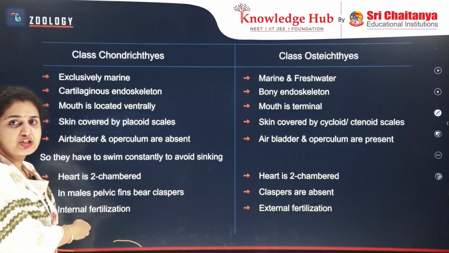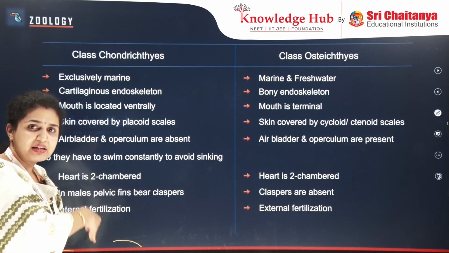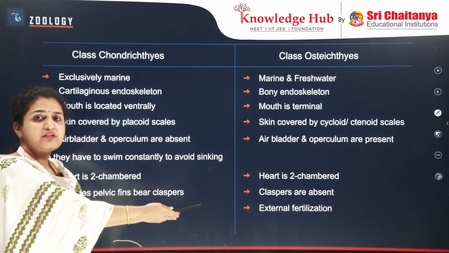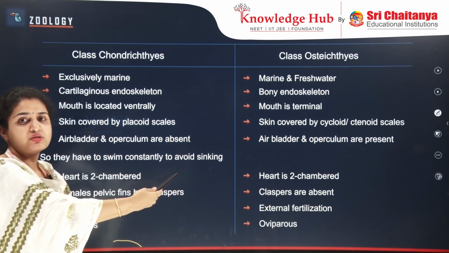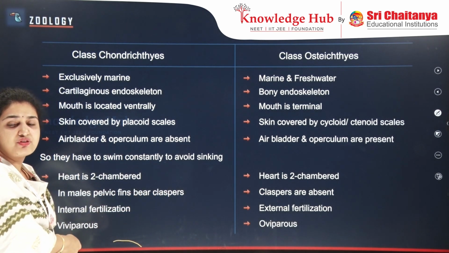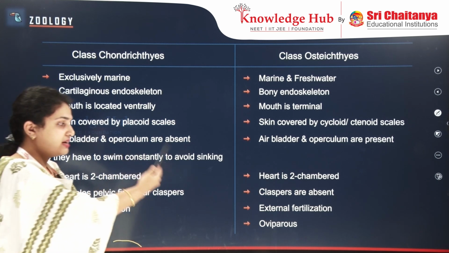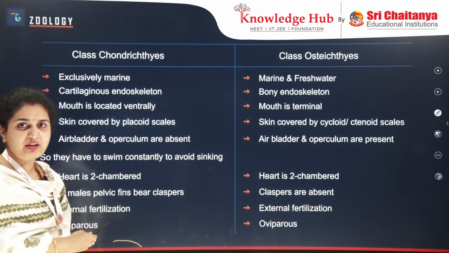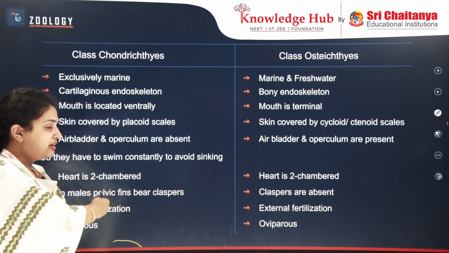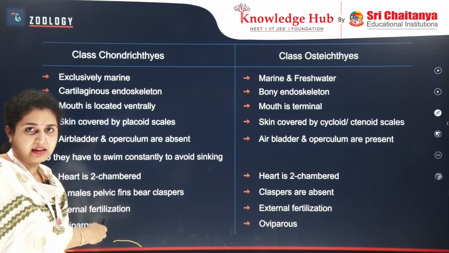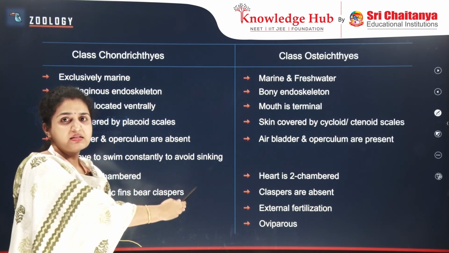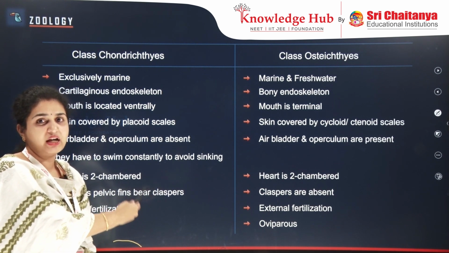Internal fertilization takes place inside the body; external fertilization takes place outside the body. The last difference is that Chondrichthyes are viviparous and Osteichthyes are oviparous. Viviparous means they give birth to young ones directly. In oviparous, they do not give birth to young ones.